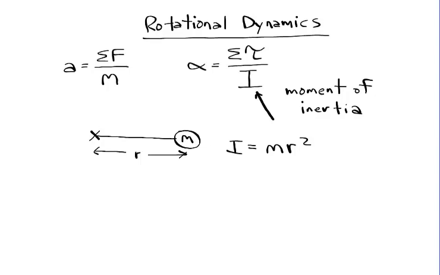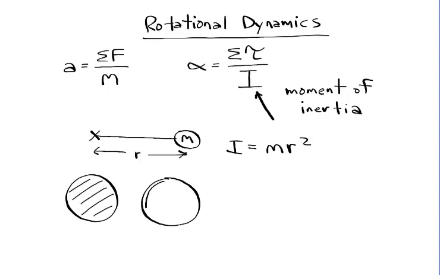That's for the simple case of a point mass. Other shapes have different moments of inertia. If you take the idea that the further away the mass is from the axis of rotation, the more it resists rotation, you can apply that to shapes as well. So say for instance, I have a solid disc and what we'll call a hoop, which is hollow in the middle.